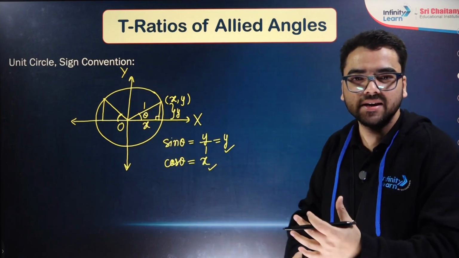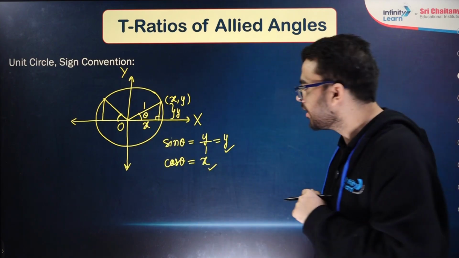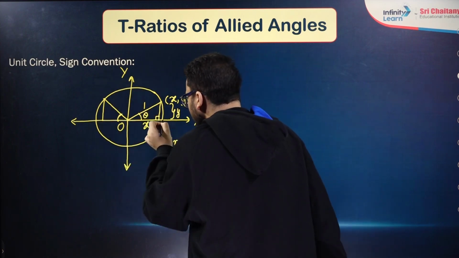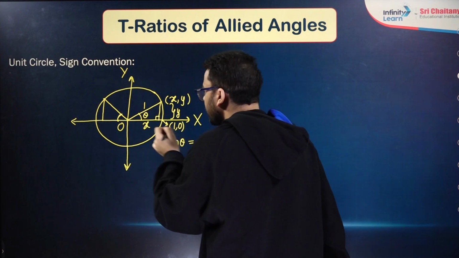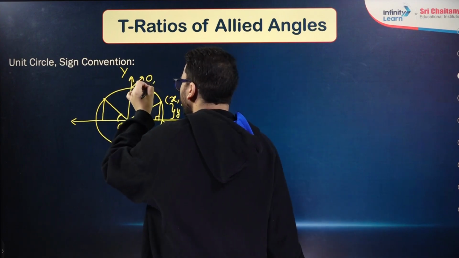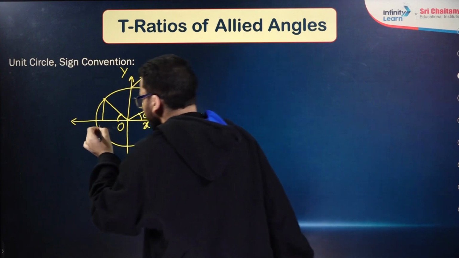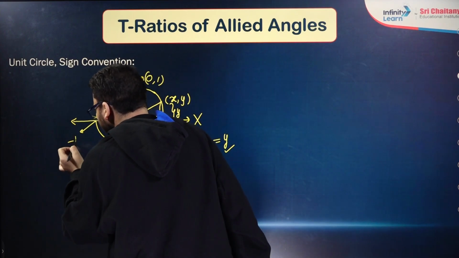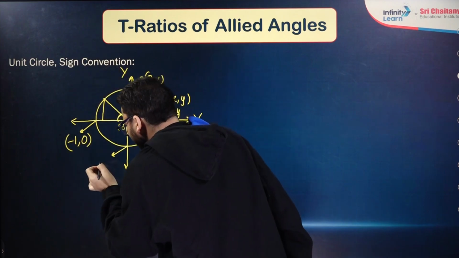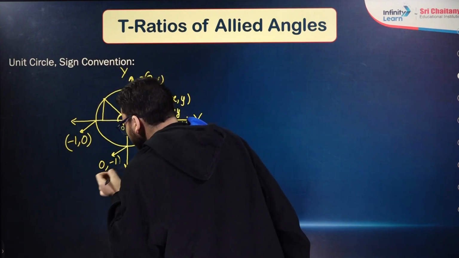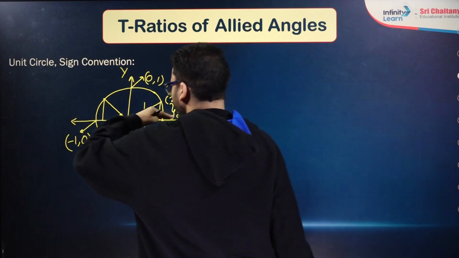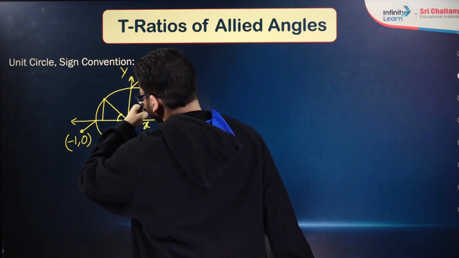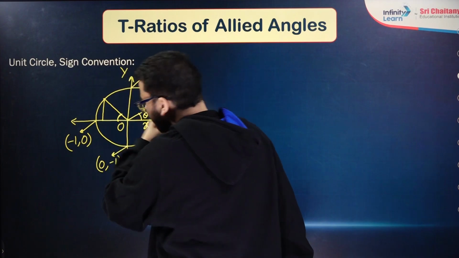So using this thing, we can understand one thing. See over here, if it's a unit circle, the coordinates of this point are 1, 0. For this point, it is 0, 1. For this point, it is minus 1, 0. And for this point, it is 0, minus 1. Now over here, what are the respective angles? You start from this point and then you are rotating in the anti-clockwise direction.